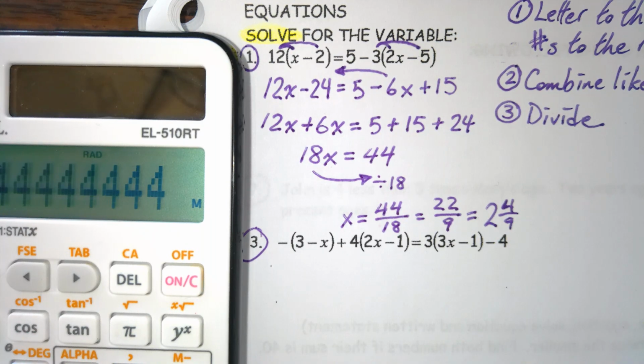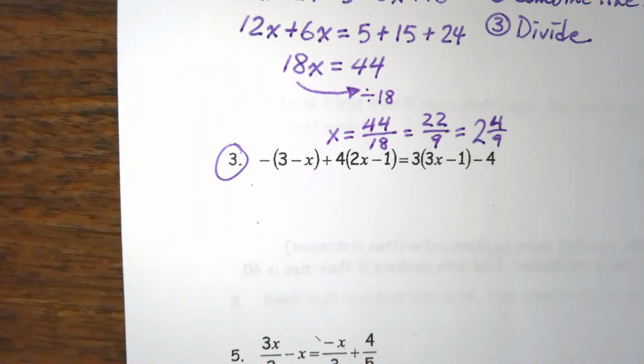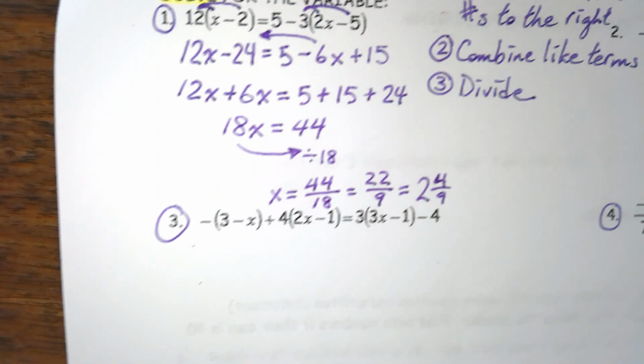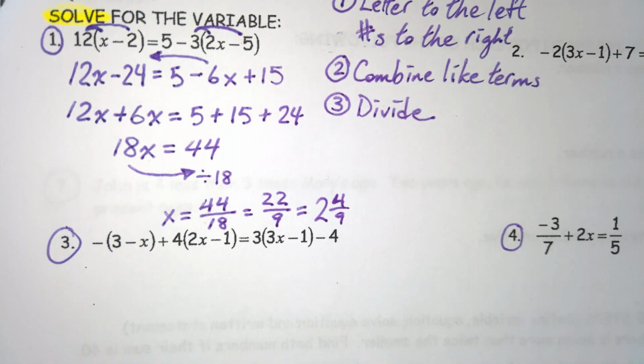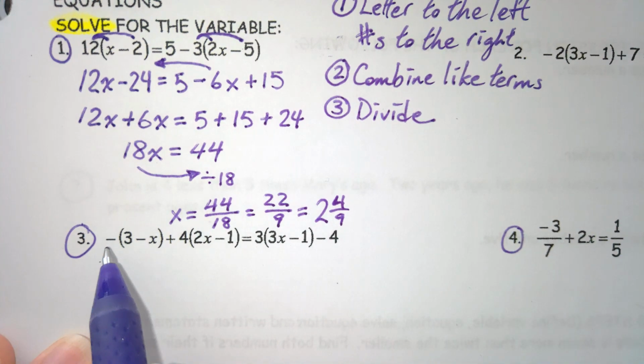All good? Okay. Some people worked ahead and had some trouble with number 3. So let's do it together. Yesterday we talked about this. What is the number right here? -1, right?